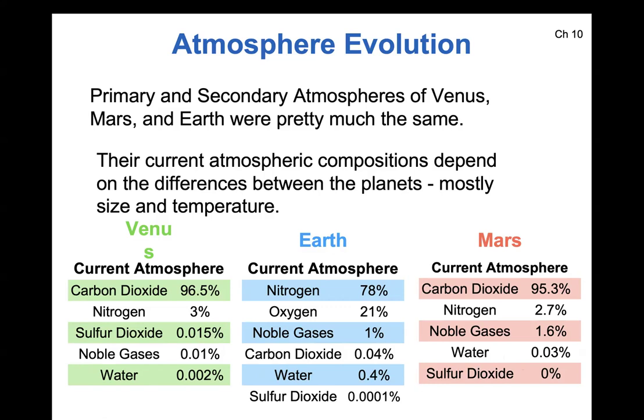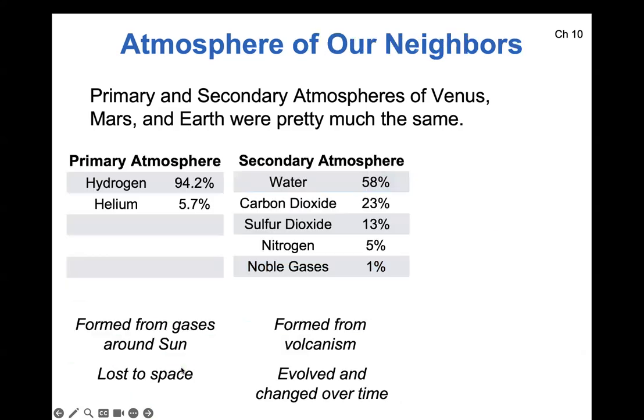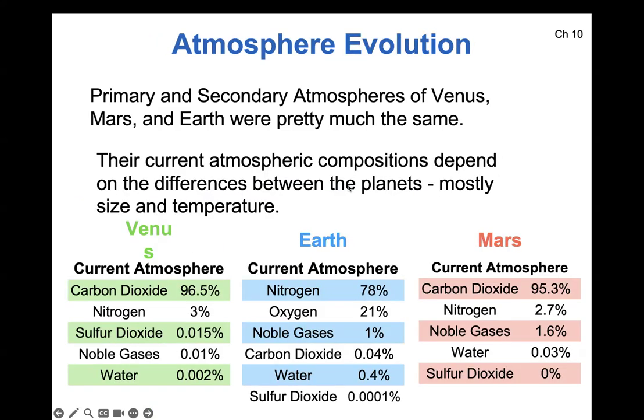And the fact that our water became a liquid ocean where it didn't for the other worlds, but it didn't do quite the same thing either. I won't jump ahead right now, but the water that did exist in this secondary atmosphere for both Venus and Mars went away, but it went away in very different ways, and more literally disappeared than it did for Earth.